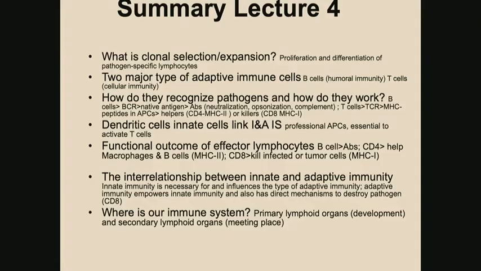Remember, the B cells don't need the dendritic cells. The T cells need the dendritic cells because they need this MHC presentation. The B cells don't need the dendritic cells directly because they can see the native antigen, correct? But it's a tricky question because they indirectly do need the dendritic cells because they need the help from the CD4 T cells, and the CD4 T cells need the dendritic cells, correct?